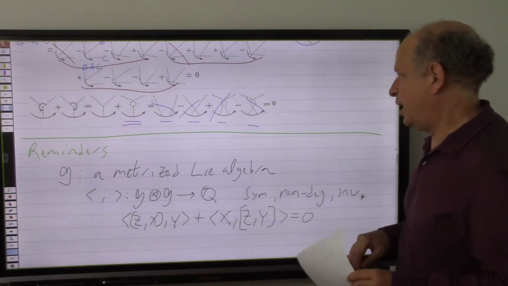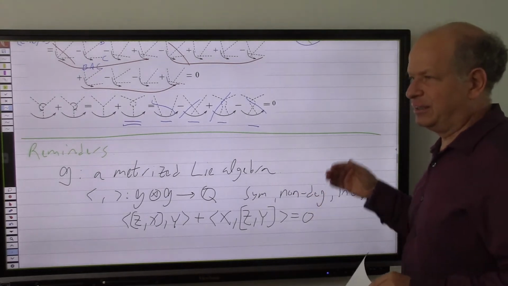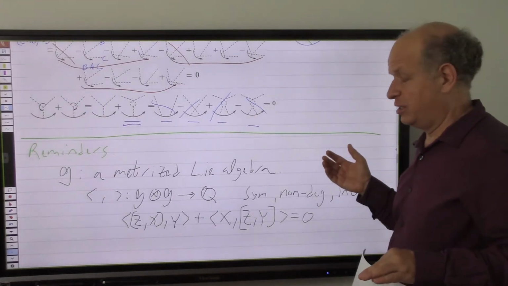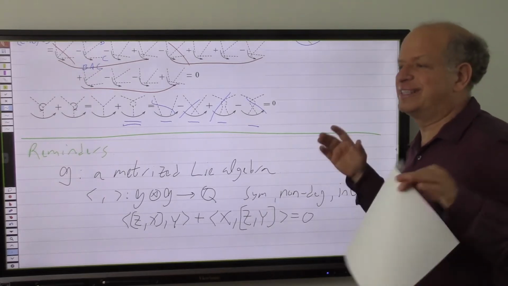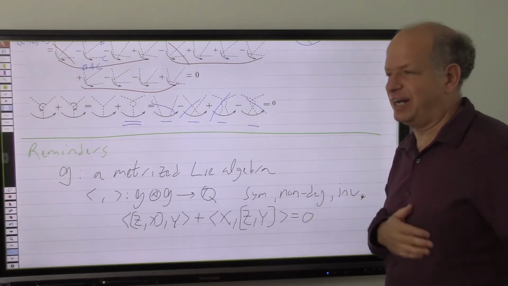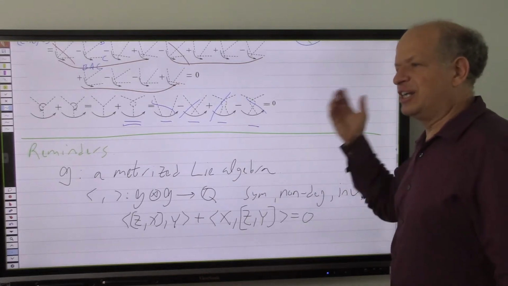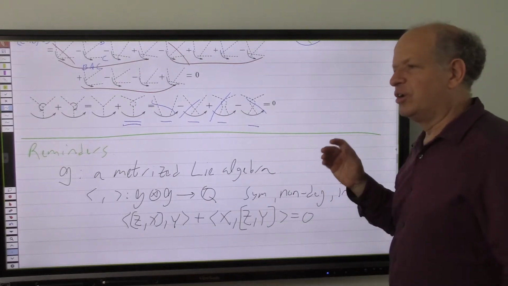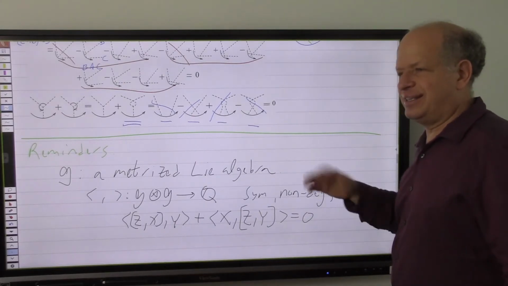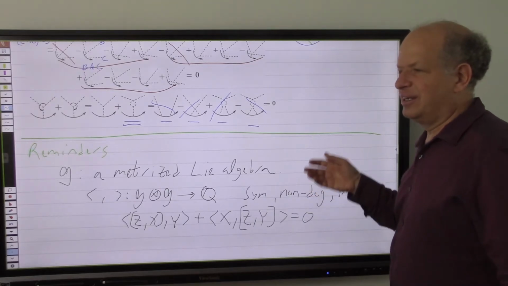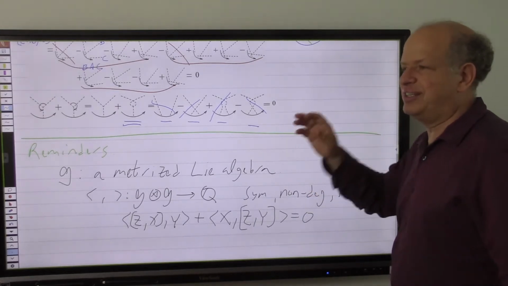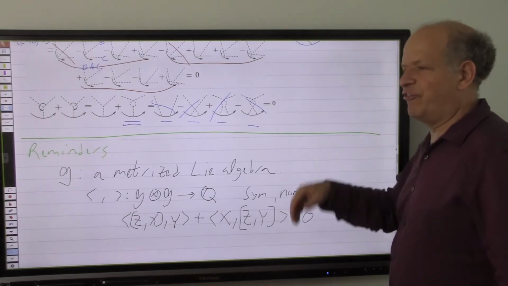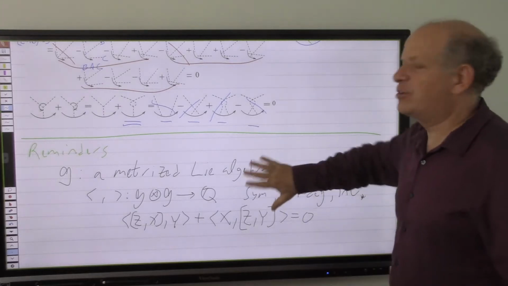Okay? But I will comment that all standard Lie algebras, well, all so-called semi-simple Lie algebras, all classical Lie algebras, so all the Lie algebras that you see in books on representation theory, GLN, SLN, SON, SPN, the exceptional ones, E6, E7, E8, G2, F4, all of them are metrized Lie algebras.